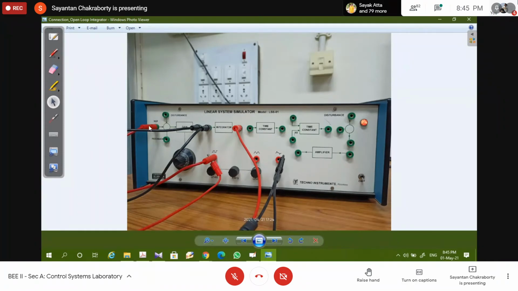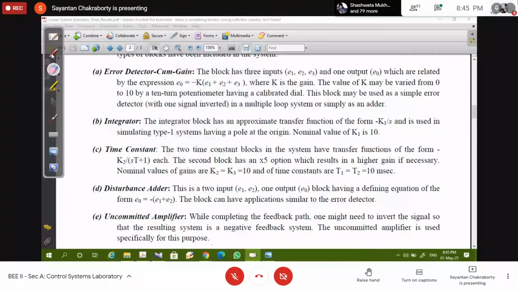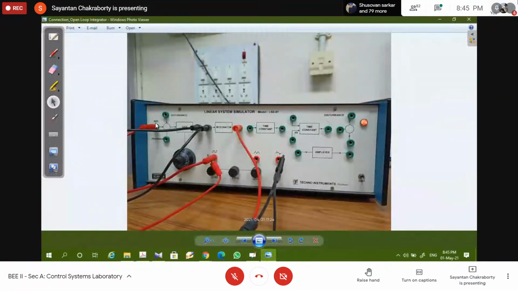See, that is not very important. What we have is an error detector here, right? So what is the purpose of this error detector? It has 3 inputs. Look here: reference, feedback, and disturbance. Normally we'll use only the reference and the feedback.